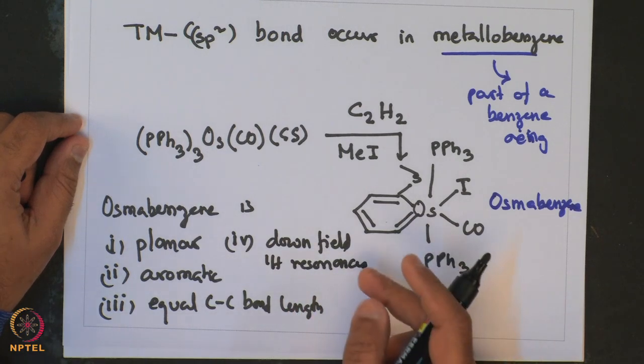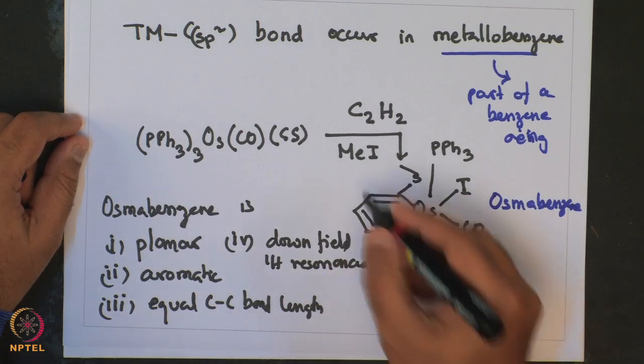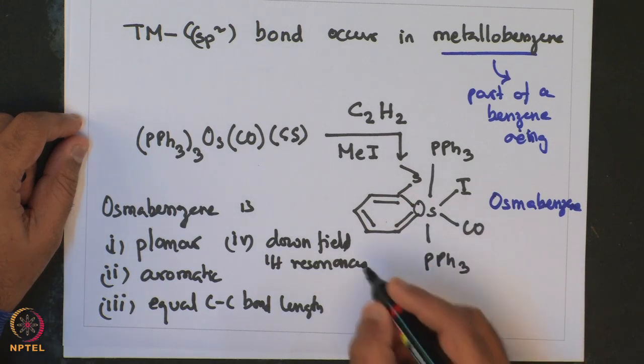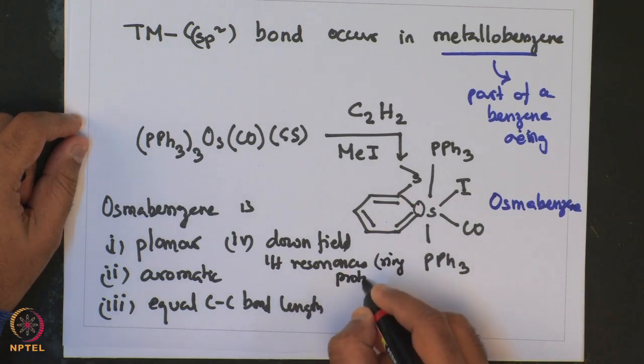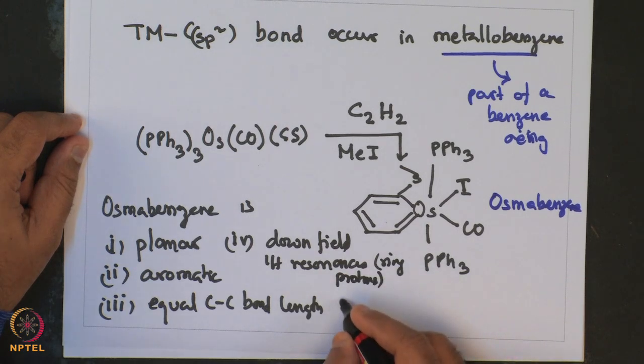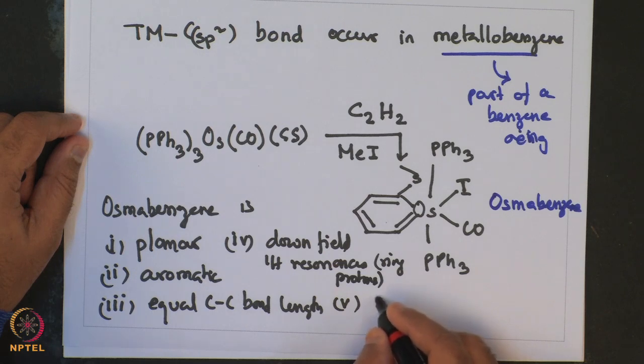For benzene it comes at around 7. So, similar downfield resonance of these ring protons. And it undergoes electrophilic aromatic substitution.